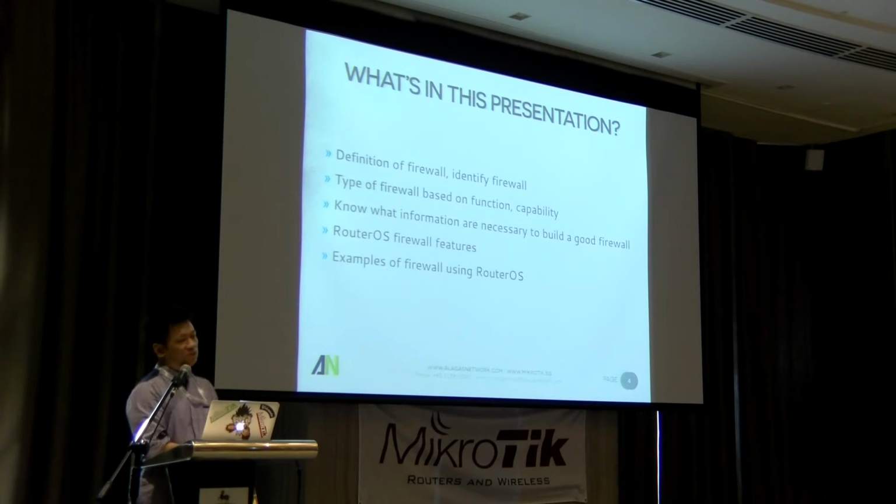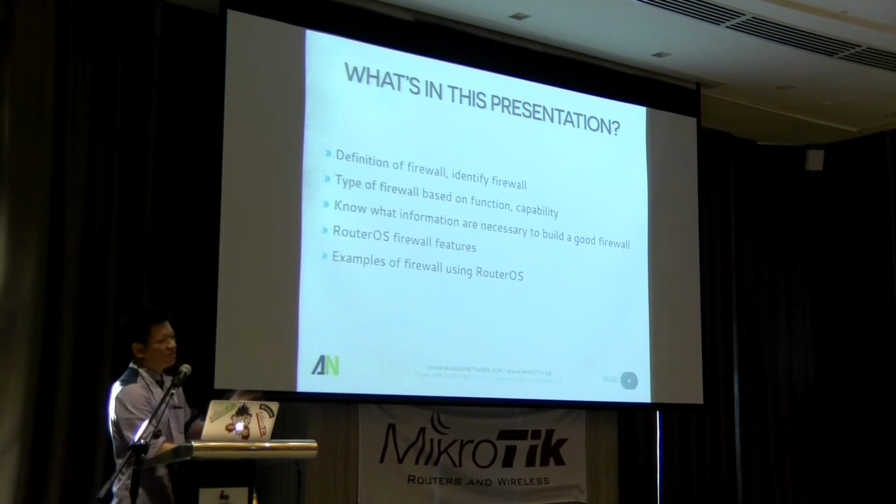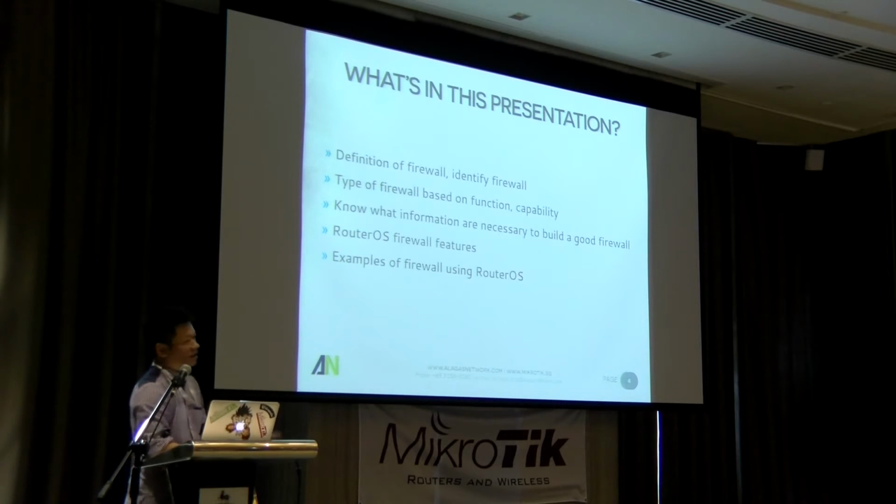In my presentation, you will see that this is a very simple one. It's about the firewall, one of the many features in MikroTik RouterOS. We look at the general definition of a firewall and identify whether this device is a firewall or a router, because nowadays there isn't much difference in functionality between these two devices.